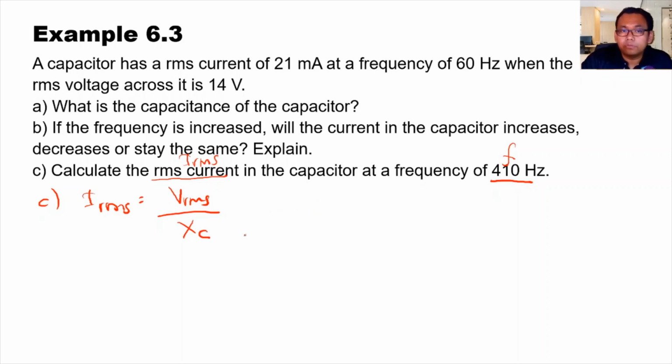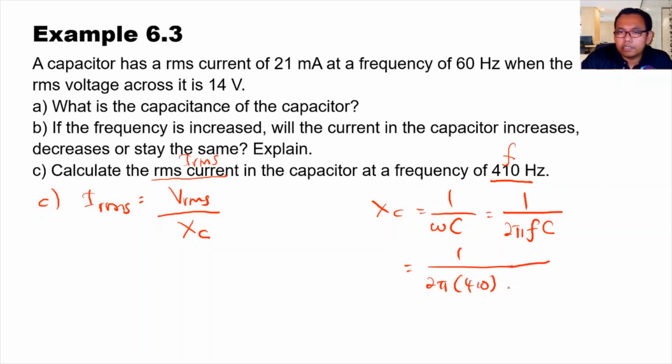So that means we have to find capacitive reactance first, using capacitive reactance is equal to 1 divided by angular velocity capacitance, 1 divided by 2 pi frequency capacitance, and we substitute all the values.